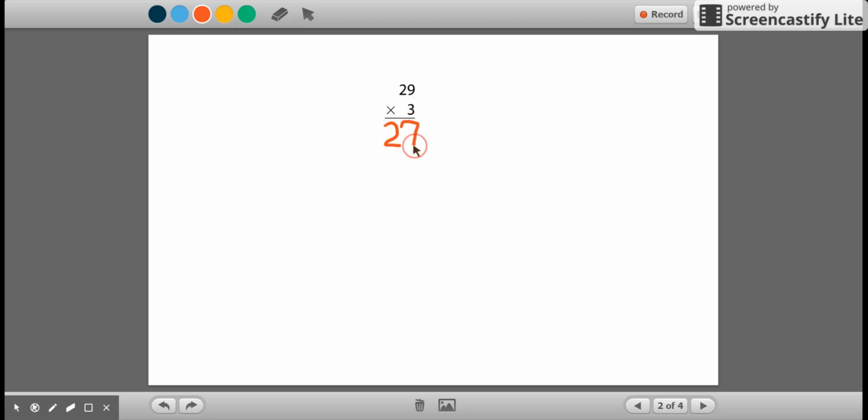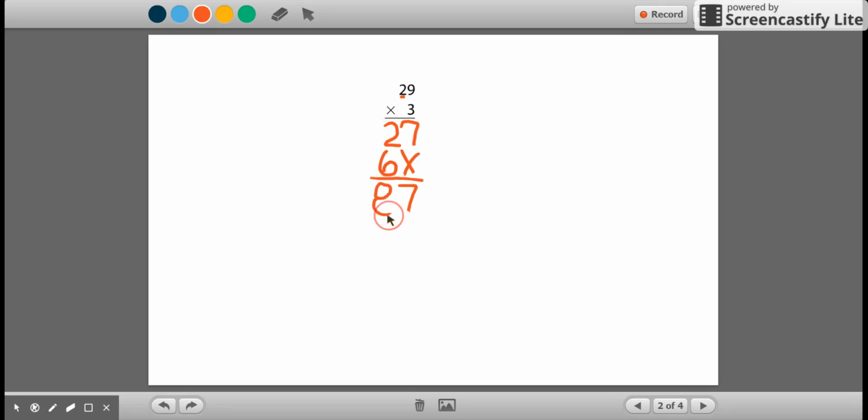Okay, now we're moving on to the 10 spot. The 2 is in the 10 spot. So we need to remember to place an X right here. Okay, and then we simply do 3 times 2, which is 6. And then we add them together and we get 7 plus 0 is 7. And 6 plus 2 is 8.